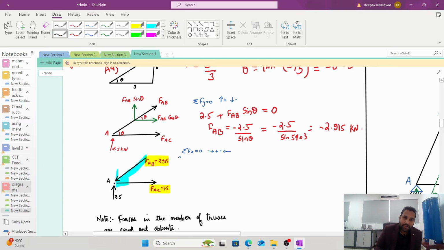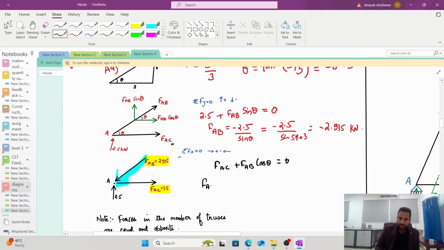The second thing, what is FAC? You also need to find FAC. Since I know FAC is acting horizontally, I can take summation of forces in the horizontal direction. If I take rightwards positive, FAC is going right, FAB cos theta is also going right, equal to 0.